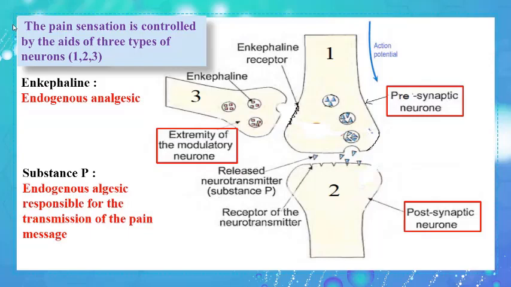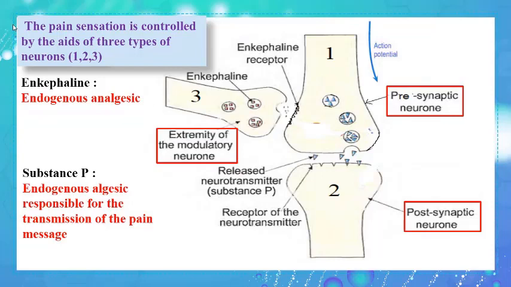The arrival of an action potential to the presynaptic neuron provokes the release of substance P neurotransmitter molecules, which bind on postsynaptic neuron receptors and provoke pain sensation.